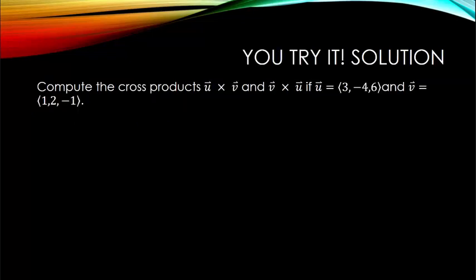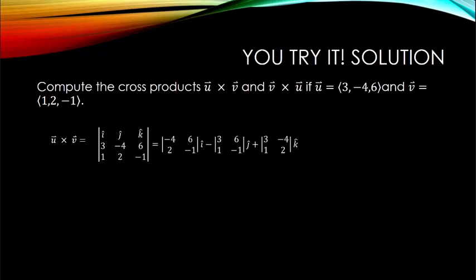In order to compute the cross product of u cross v, I'm going to construct the determinant of a matrix with the first row populated by the unit vectors i hat, j hat, k hat, the second row populated by 3, negative 4, 6, and the third row populated by 1, 2, negative 1.